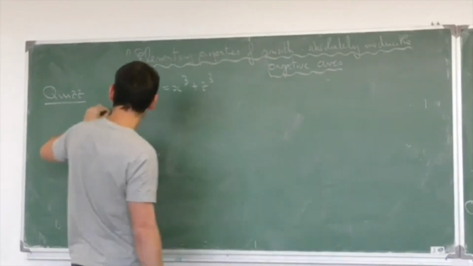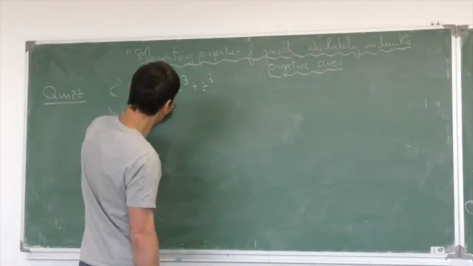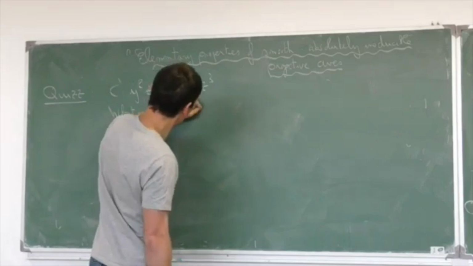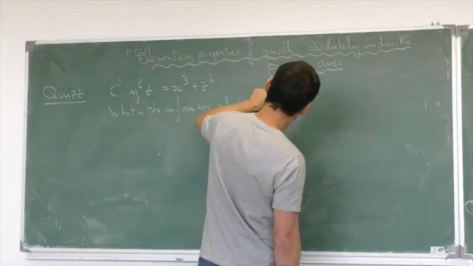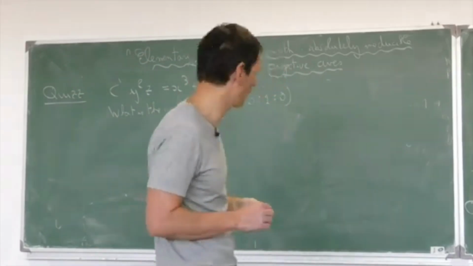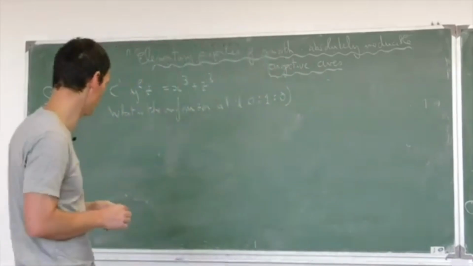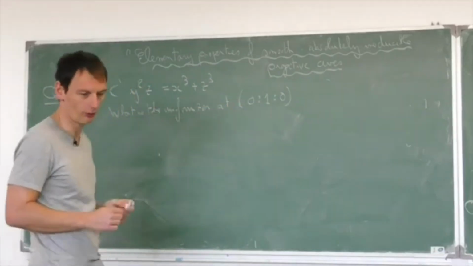And I'm asking what is the uniformizer at 0, 1, 0. Of course, you should first prove that the curve is indeed smooth at this point.